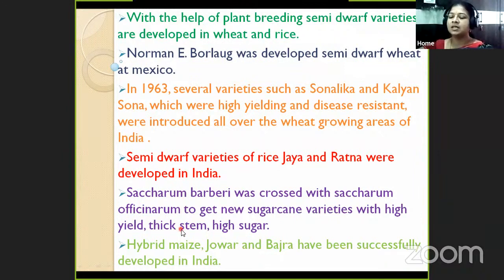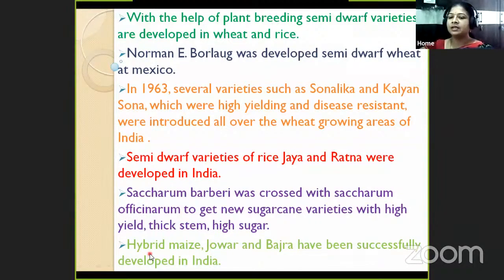If the stems are thick, it yields more sugar. So that's why a cross is made between Saccharum barberi and Saccharum officinarum to get new sugarcane varieties with high yield, thick stem and high sugar quantity.